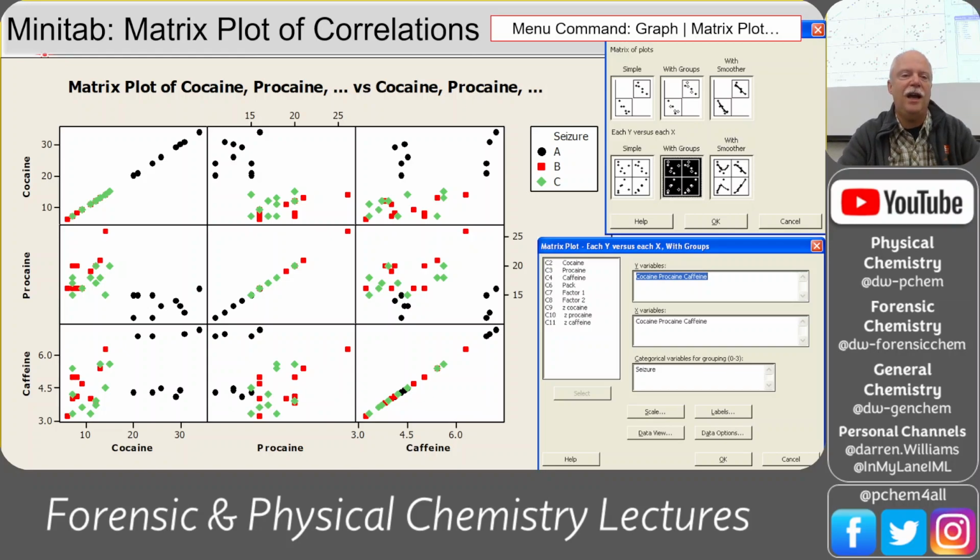Now the diagonals are always straight lines because this is cocaine plotted versus cocaine. But notice how you have complete separation. So cocaine alone is enough to identify that A is different than B and C. So this is A and this is B and C. Just on the cocaine value alone, I get complete separation between the data.